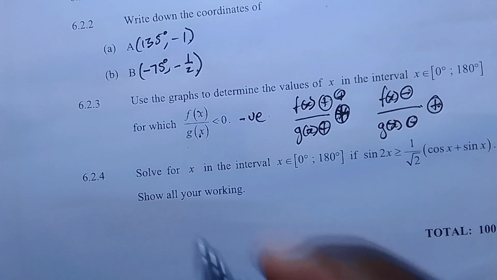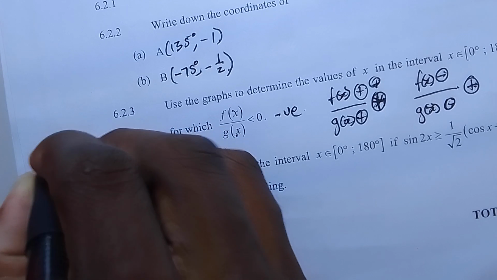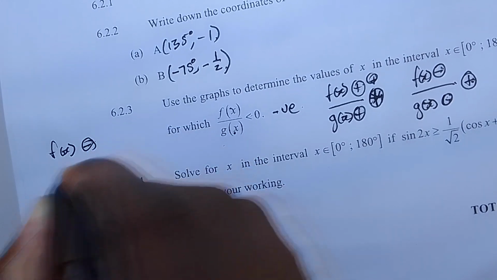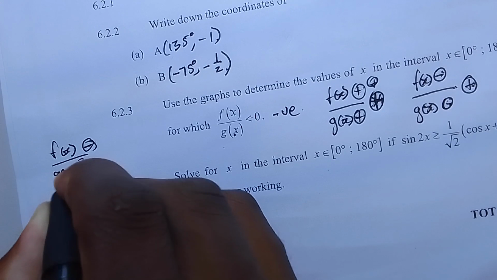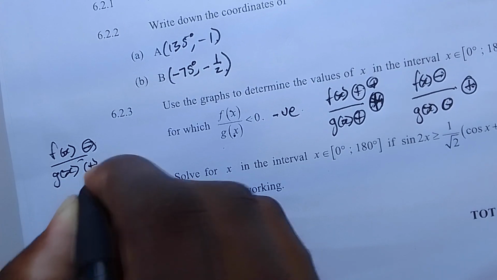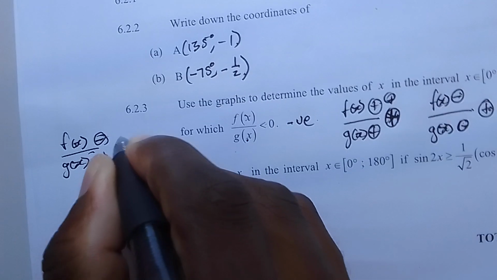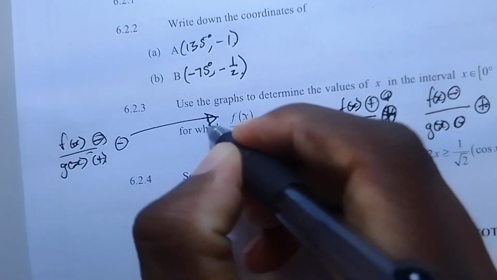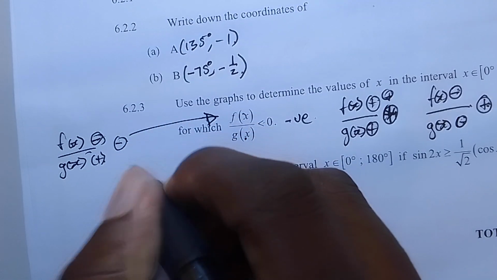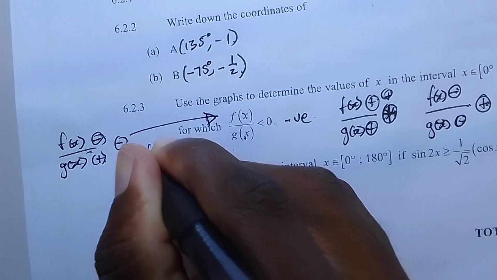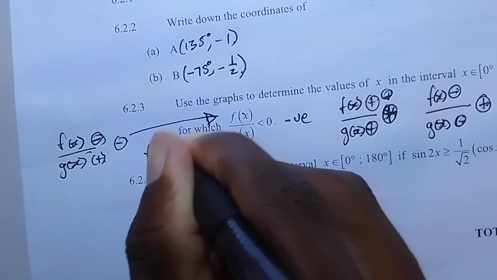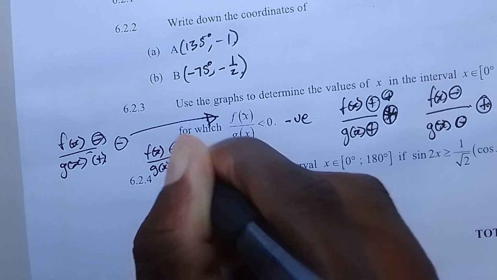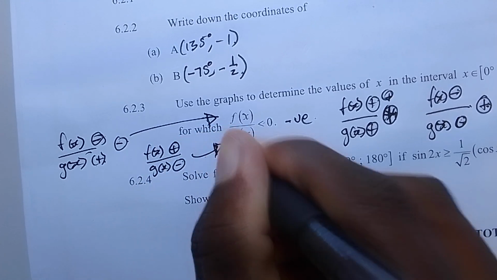However, if one function, say f of x, is negative and the other, say g of x, is positive, you will get something negative, which is what we are looking for in the question. And if f of x is positive and g of x is negative, we will also get something negative.